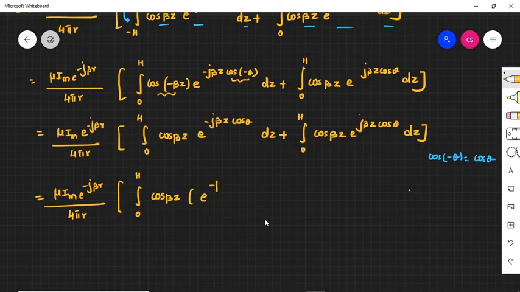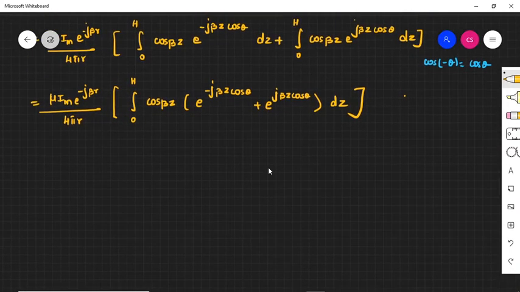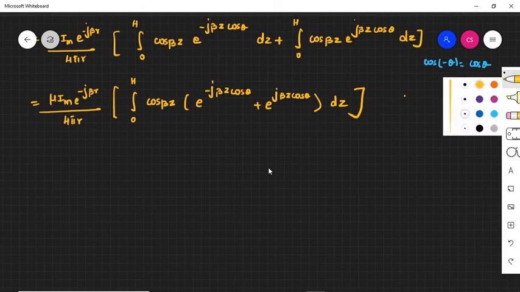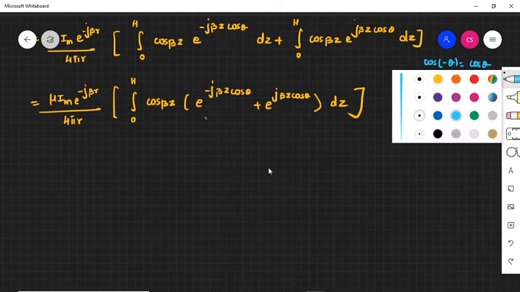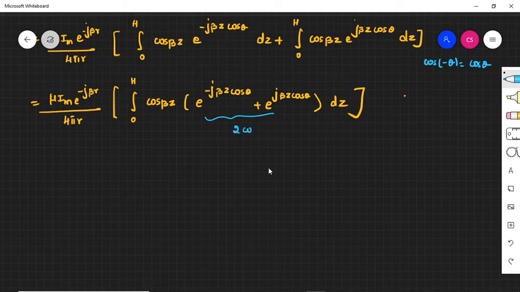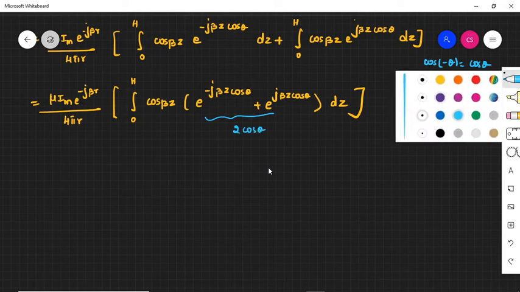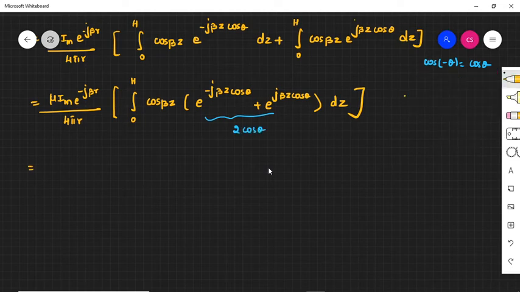And we can write e power minus j beta z cos theta plus e power j beta z cos theta into dz. Right? So if you see what formula we can relate this to, it is e power j theta plus e power minus j theta, and this is nothing but the 2 cos theta formula. So let us replace it with the 2 cos theta formula.